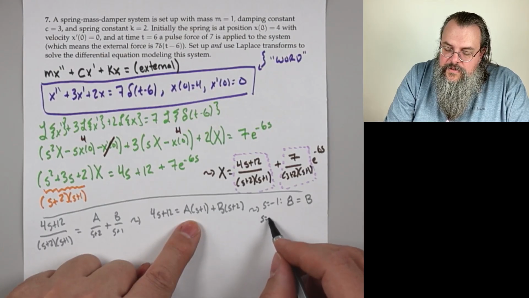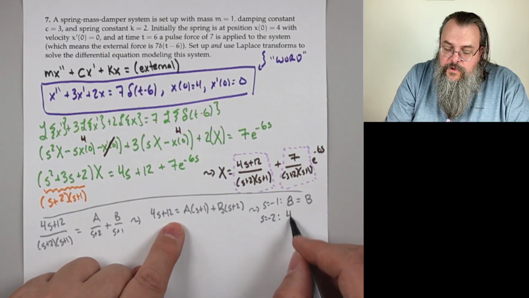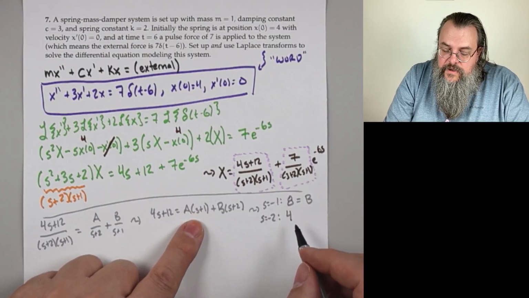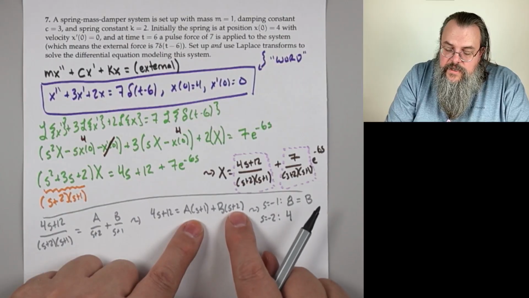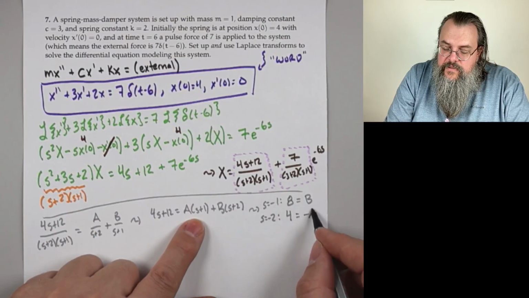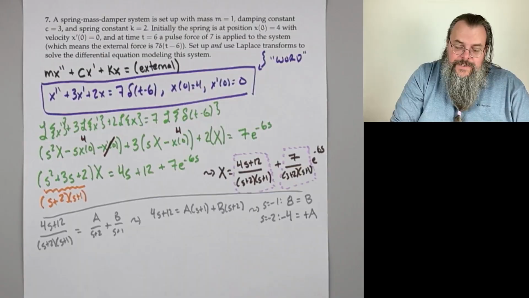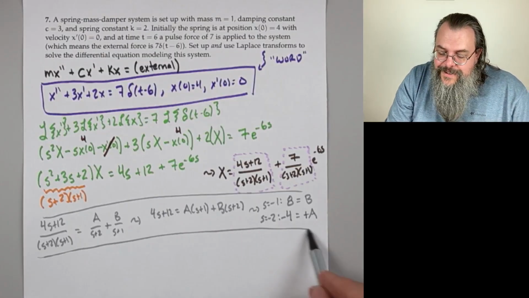And s equals -2. You got minus 8 plus 12, which is 4. You'll get 0 here. And here you get minus a. So 4 is minus a, or, using very fancy technology, a is minus 4. All right, so that's 1.